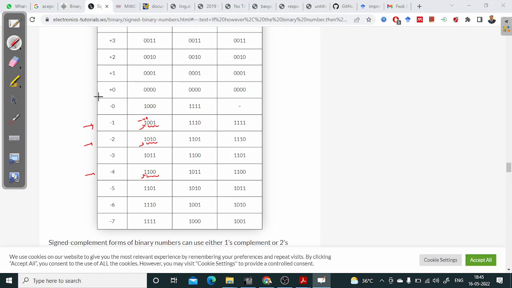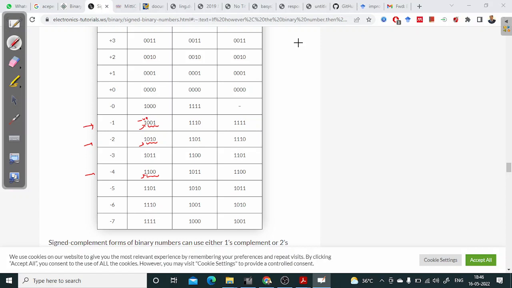When we go from 0 to 15, it will be a total of 5 bits, right? So this is how we decide the value of a number under the sign magnitude number system.